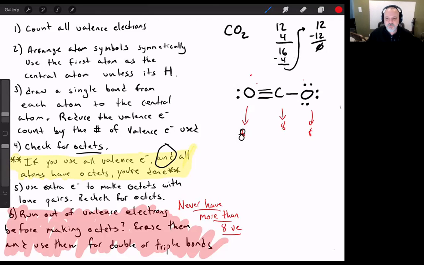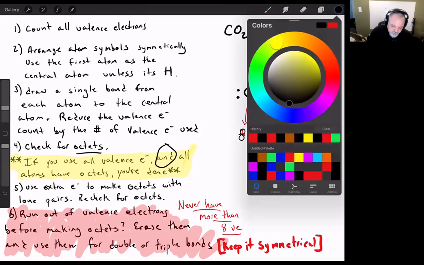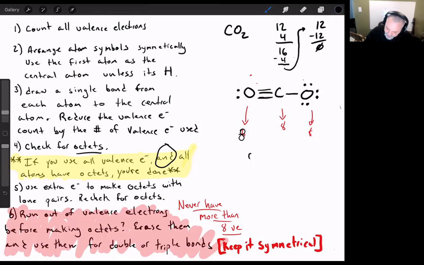So what we do is use a more general rule: we keep it symmetrical. Let's go back to the way that I had it before. It was this.